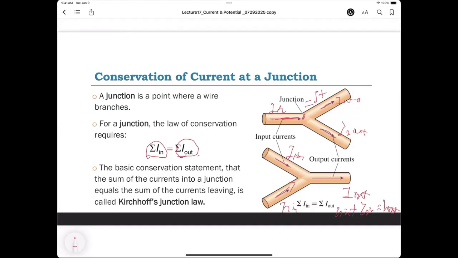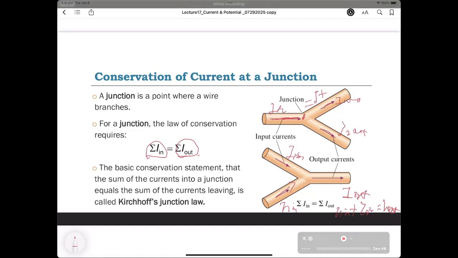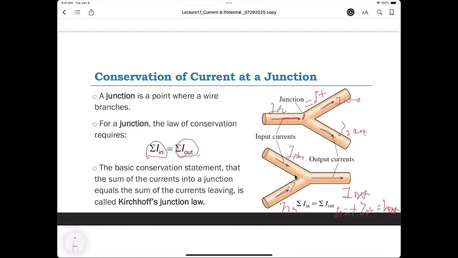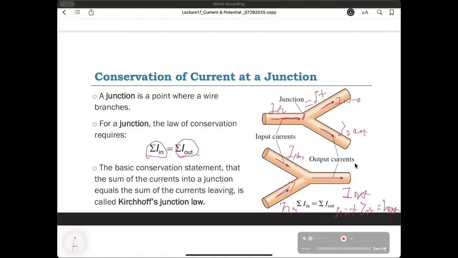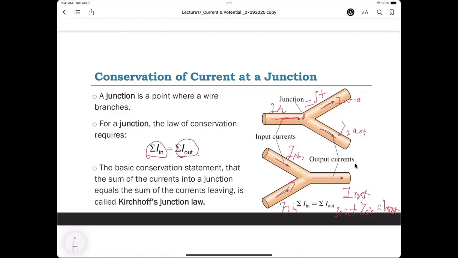For a junction, we need to obey the law of conservation. The basic conservation statement is that the sum of the currents into a junction equals the sum of the currents leaving. We call this Kirchhoff's junction law. Maybe you have already heard this. This law is very important for us to analyze circuits later.